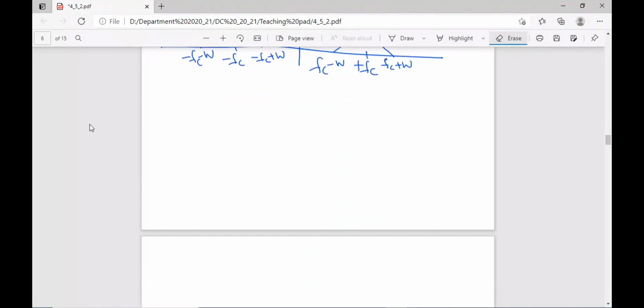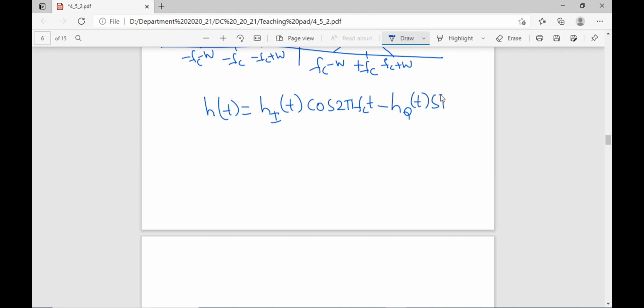Since it is a bandpass system, I can represent it in the canonical form. What is that canonical form? H of t is equal to Hi of t into cos 2 pi fct minus Hq of t into sin 2 pi fct.